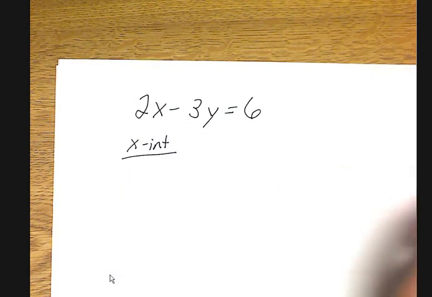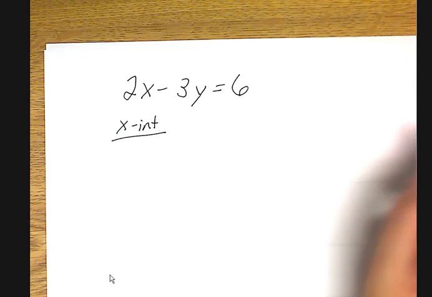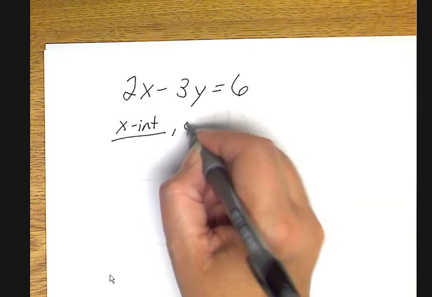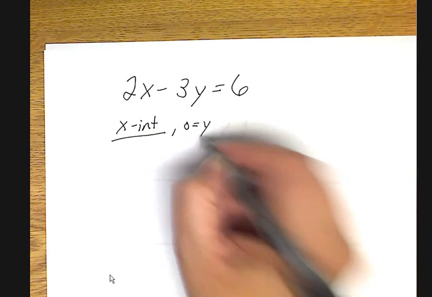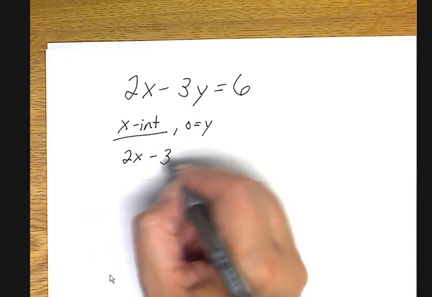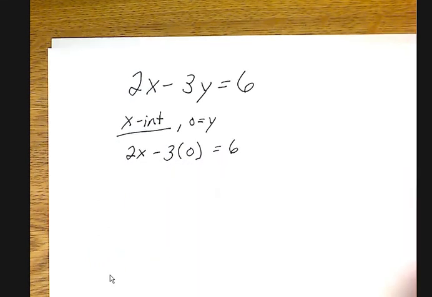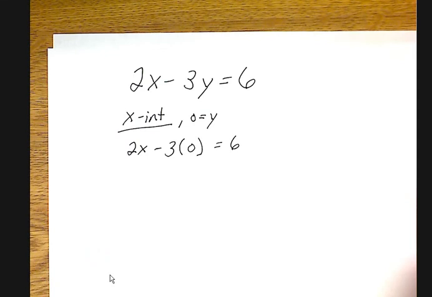Okay, to find my x-intercept, what do I have to plug in? 0 for y. So we're going to have 2x minus 3 times 0 is equal to 6. At this point, some of you should be able already to tell me what x is.